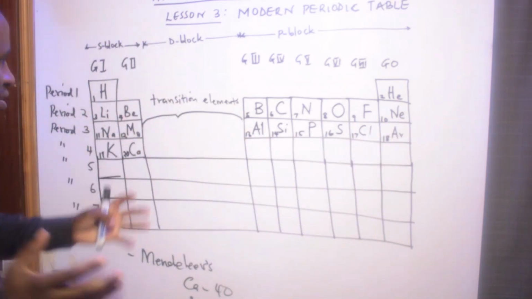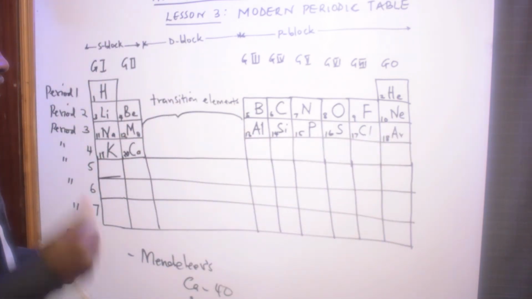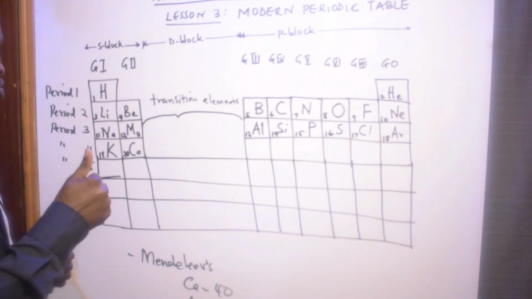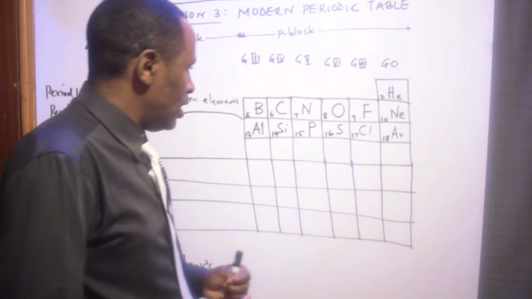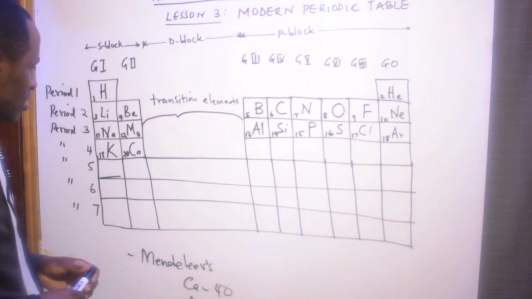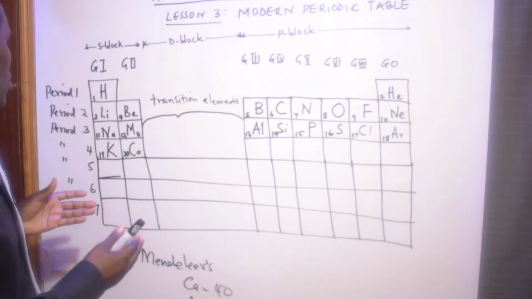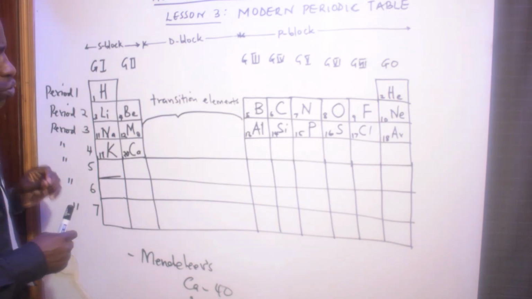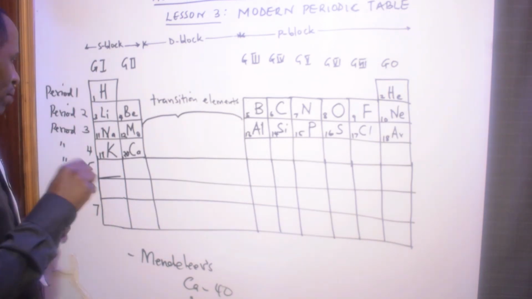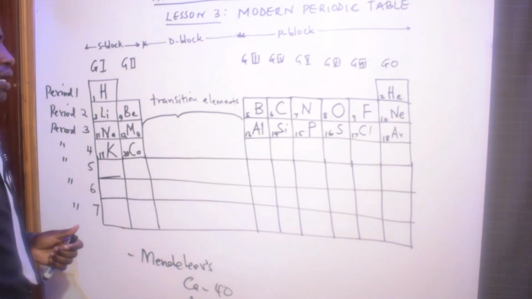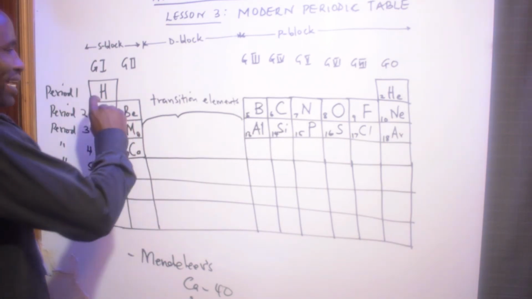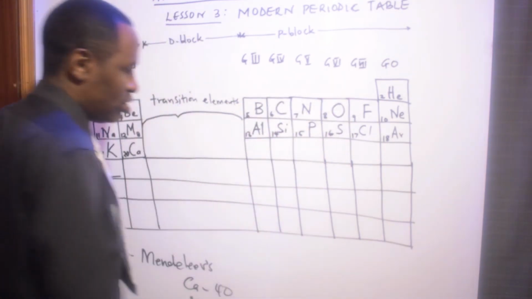What is this common feature in each of these? Let's look at what it means for elements to be in the same group, and for elements to be in the same period.